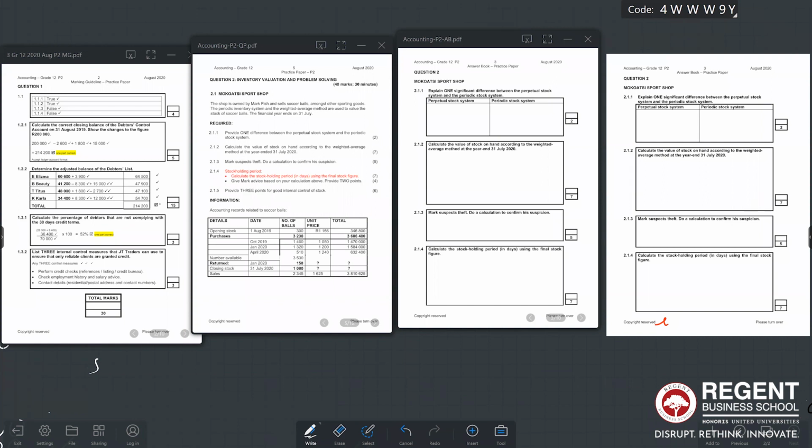But in the perpetual inventory system, the one main difference that you can talk about is that your cost of sales is calculated at the till point, that is after every sales transaction. The moment you sell the product and it is scanned, the cost of sales is calculated. In the periodic inventory system, you don't know your cost of sales until you do a physical stock count.